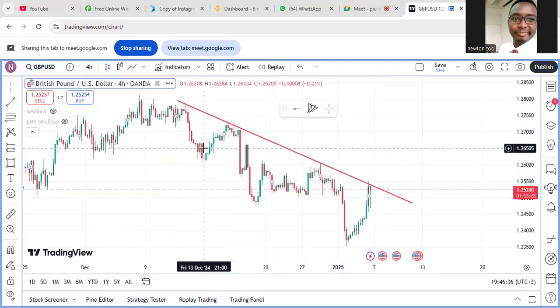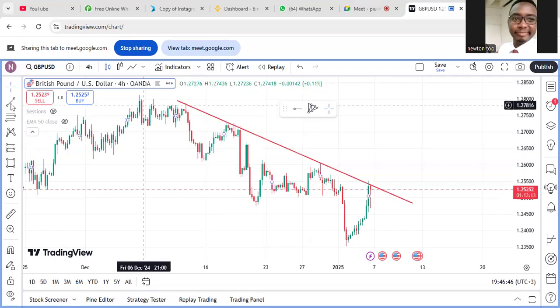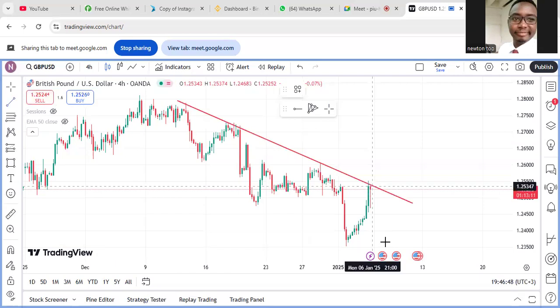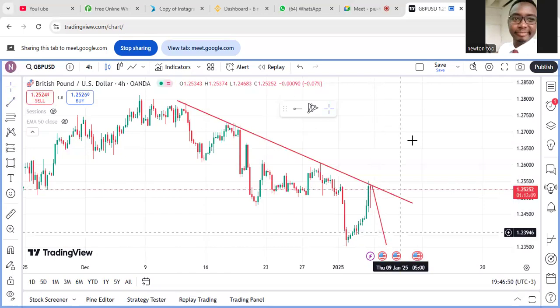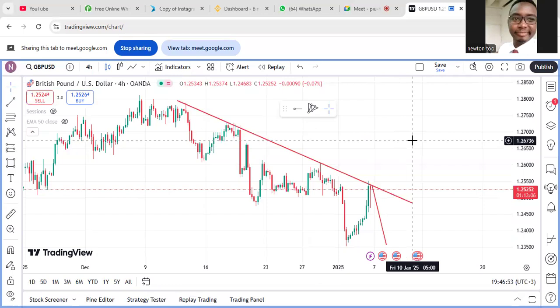So if this market fails to break this trend line, then the next thing is it's going downtrend. So for those who are swing trading, right now they are looking to sell.